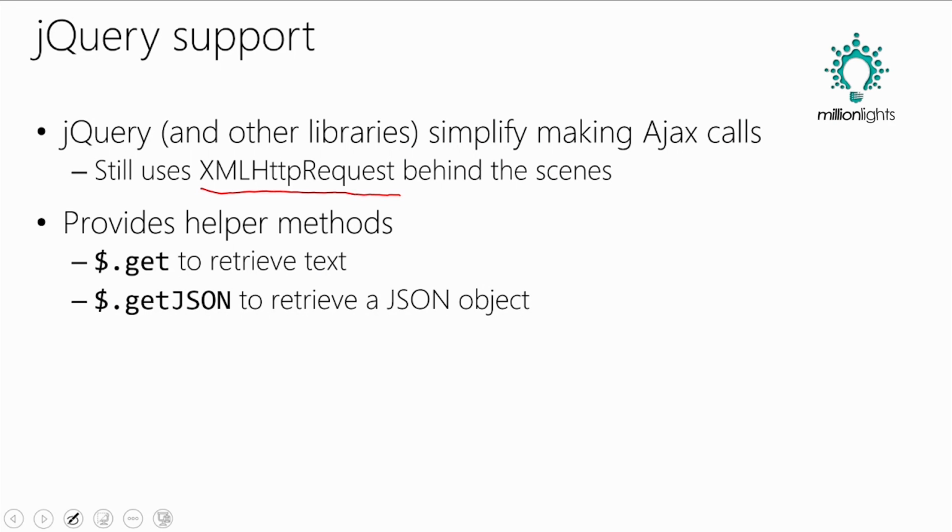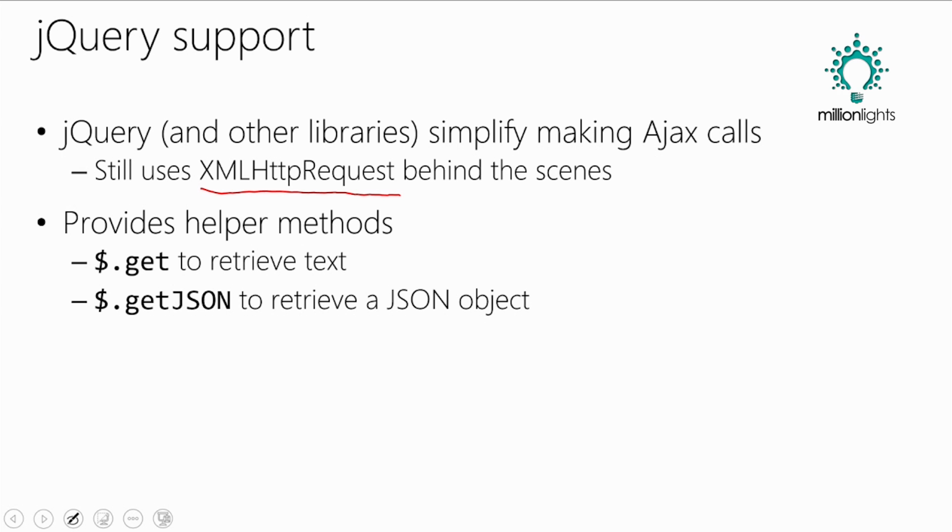It's just a set of commonly used technologies to simplify those calls. So rather than having to use the request object directly, you can just use the little helper functions that jQuery provides. jQuery, and there are other libraries as well, help simplify those calls. It does still use the XML HTTP request object behind the scenes, because that's still the only way that the browser is going to be able to call out to the server.